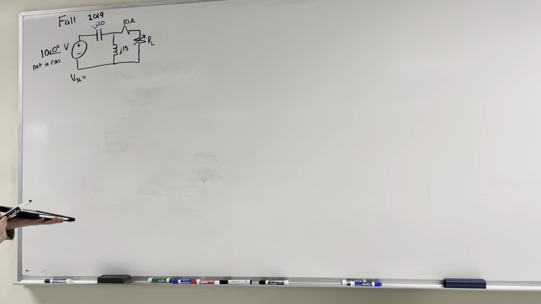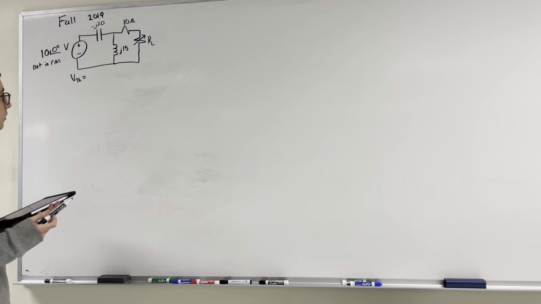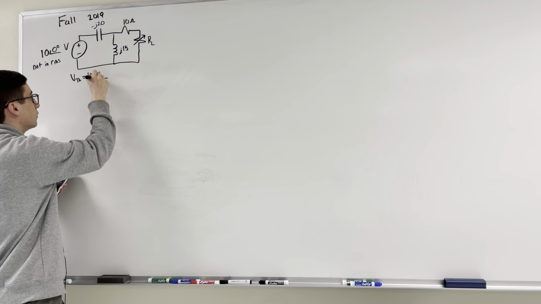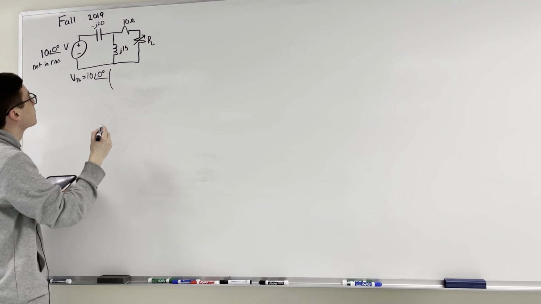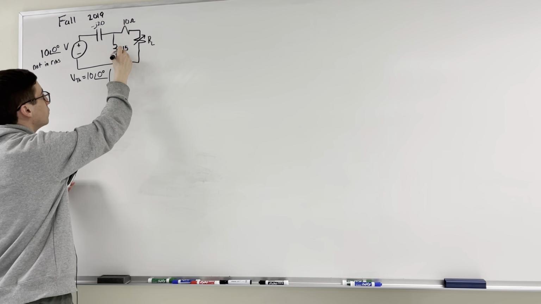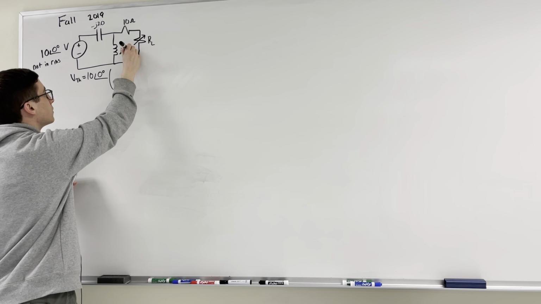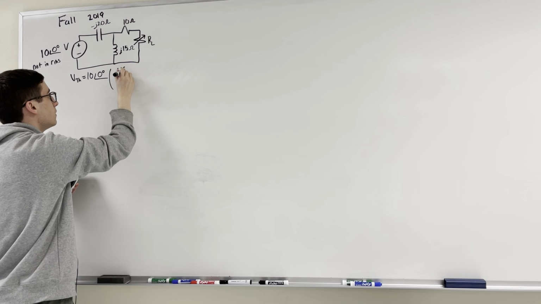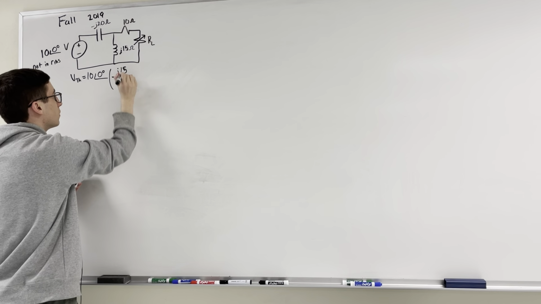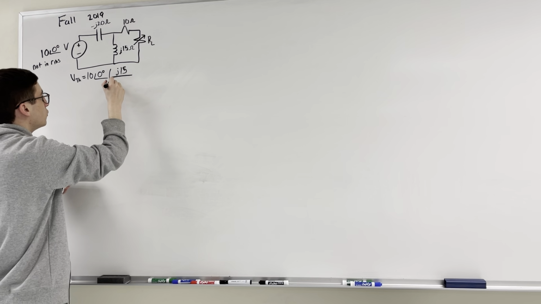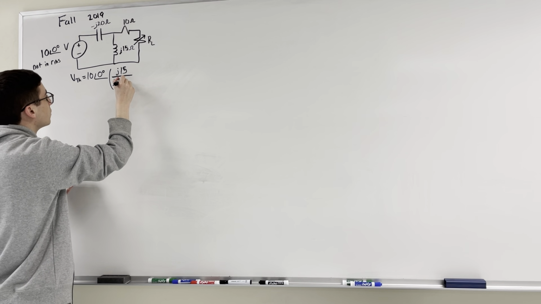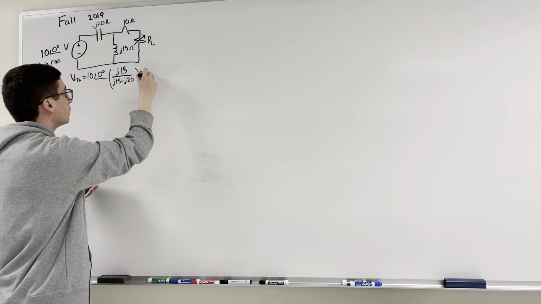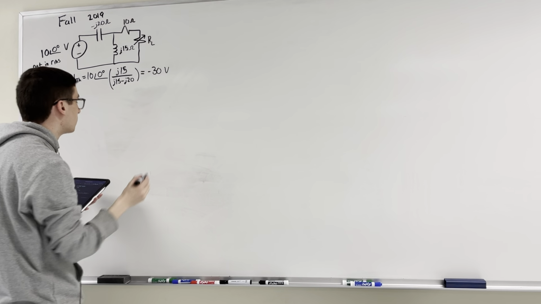To do that, we can just do simple voltage division. So we have our voltage source, 10 with the phase angle 0, times the value of this inductor, J15, over J15 minus J20. And that'll come out to be negative 30 volts.